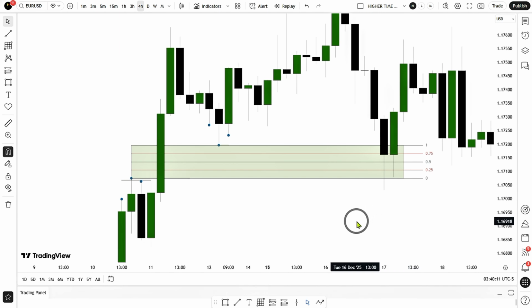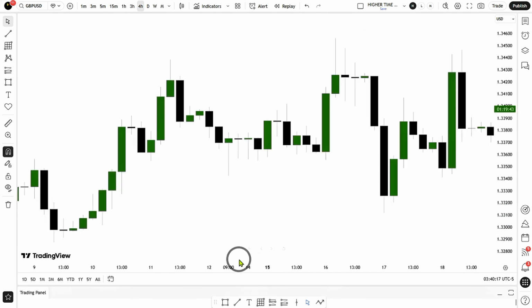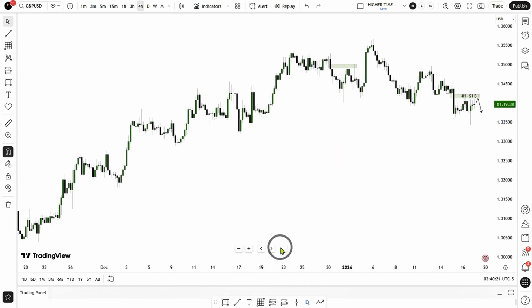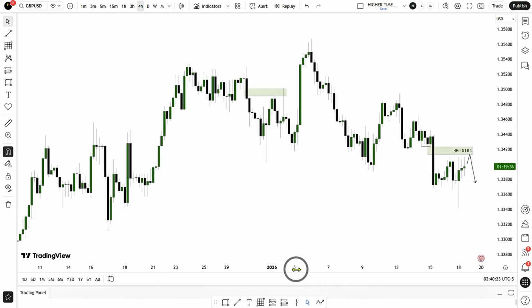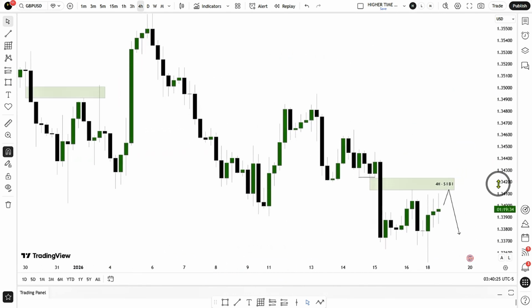The same scenario can be observed on today's price action on GBP/USD, and that's what made me not take any trade right now and wait for a new extension.